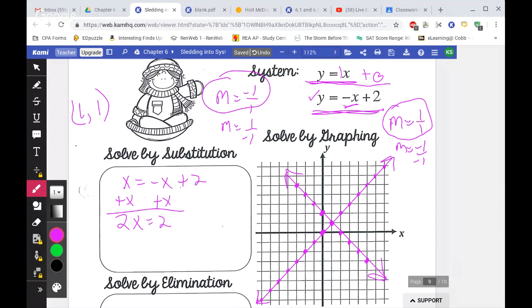Now I have 2x equals 2. Divide both sides by 2, and x equals 1. And now I'm going to substitute 1 back in to one of the two equations. It really doesn't matter.